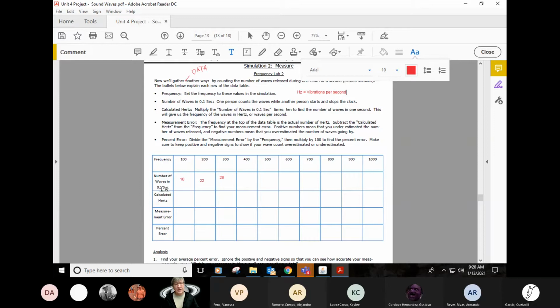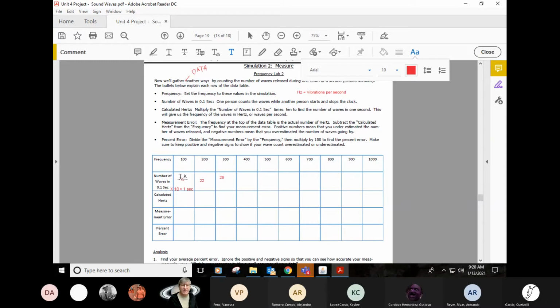Okay? But because it was slow motion, we weren't going to count for a whole second. We only counted for 1/10 of a second. Now, if you take 1/10 of a second times 10, that equals 1 second, right?